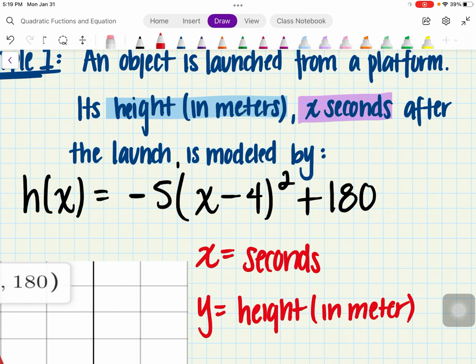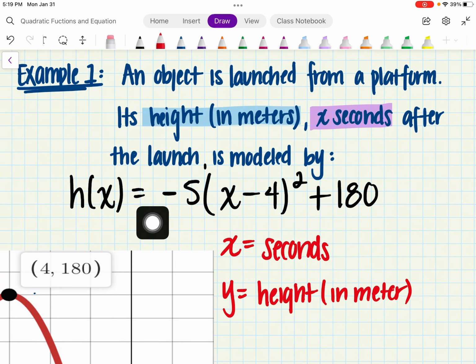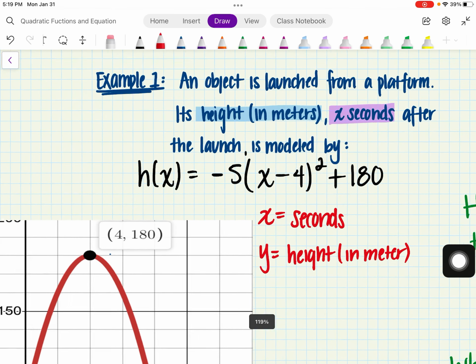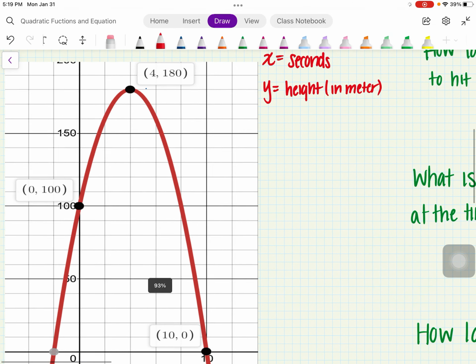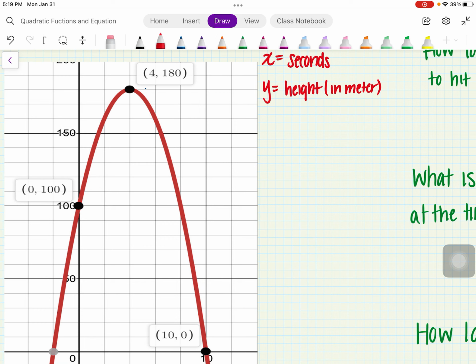Now, let me go ahead and show you our equation here. Once again, we're graphing the equation y = -5(x - 4)² + 180. And this is what we have as a graph. Now, in this case, guys, whenever you're looking at quadratic graphs and you're working with word problems, you're going to be looking for 4 different things.